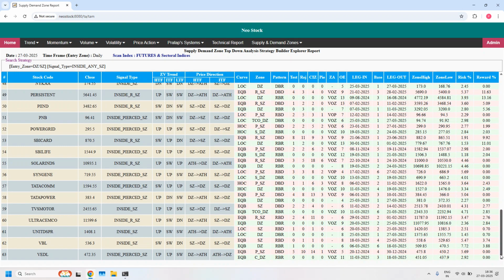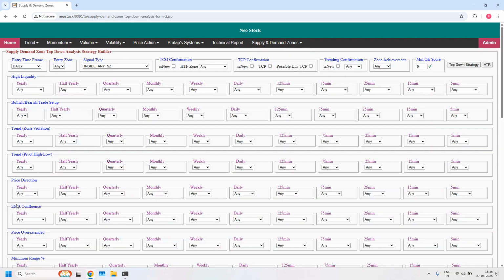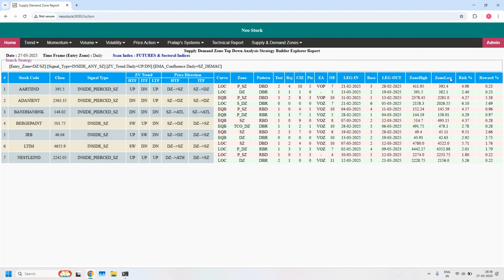We can further filter based on daily supply zone having daily EMA confluence. Daily supply zone with daily EMA confluence filter is enabled, and also the trend on the daily should not be sideways, so it can be up or down. With these filters, we got 7 stocks. So this is about the daily time frame.